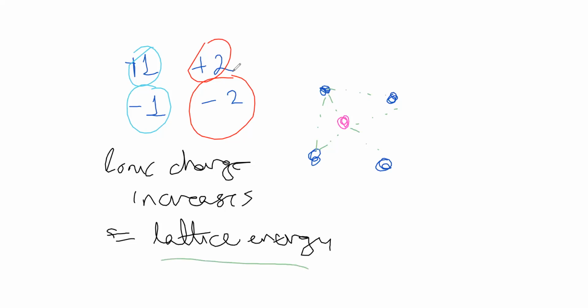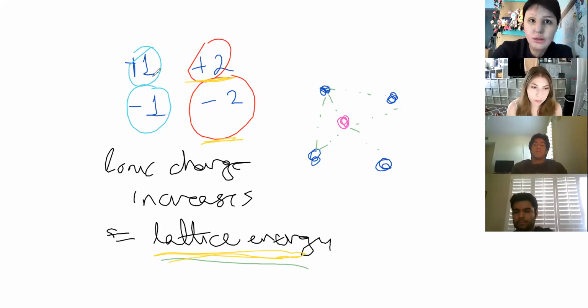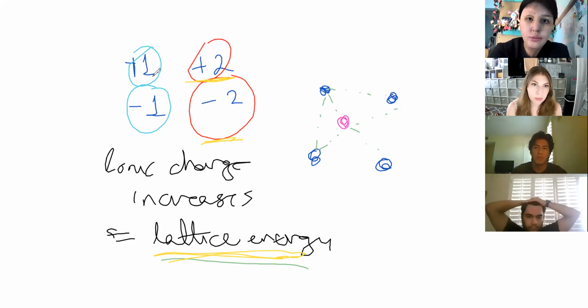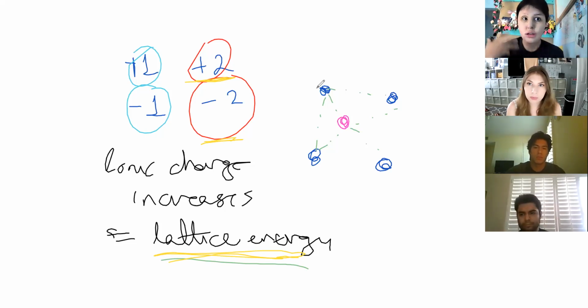And in this case, the bigger the ionic charge in those ionic bonds, the larger the lattice energy will be. Another thing that contributes to lattice energy being larger is the radius size. The smaller the radius of the ions, regardless of whether it's the cation or the anion, the larger the lattice energy will be.